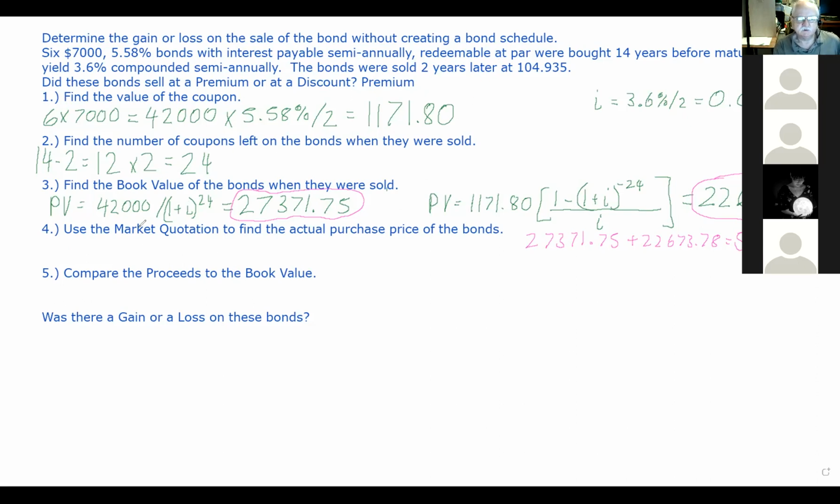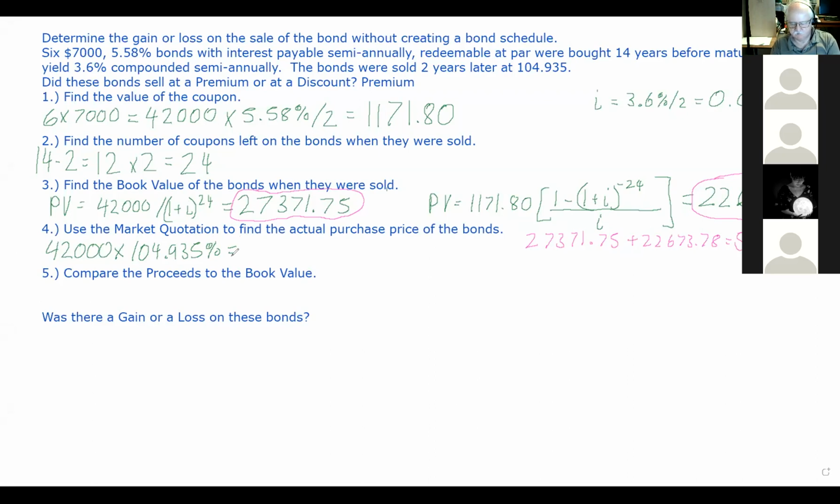So the next thing says, use the market quotation to find the actual purchase price of the bonds. That's this weird number here. So we've got to go our 42,000 again times what they call the market quotation of 104.935%.